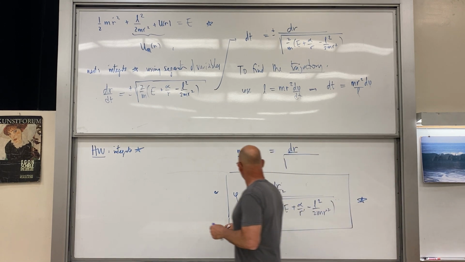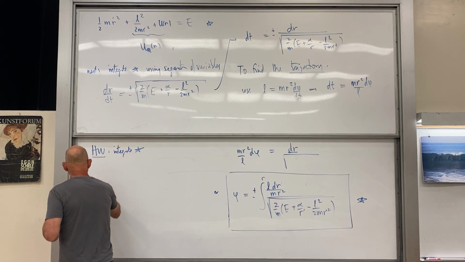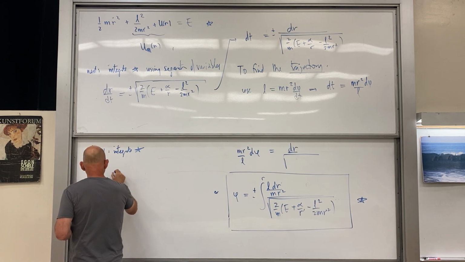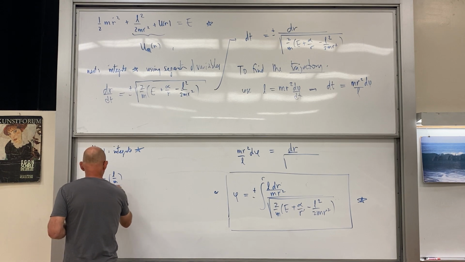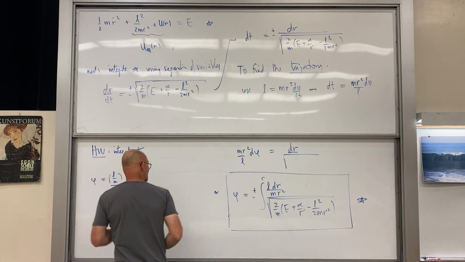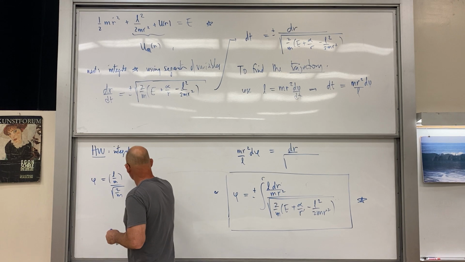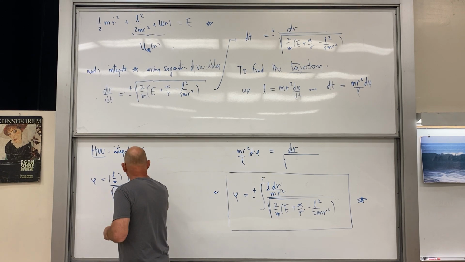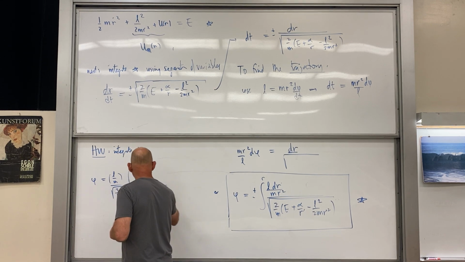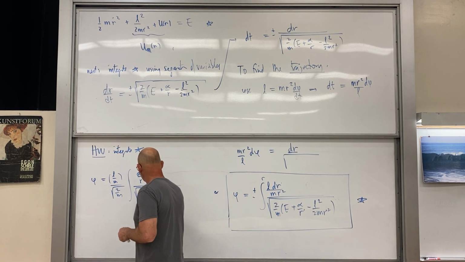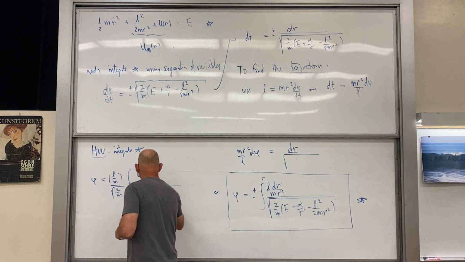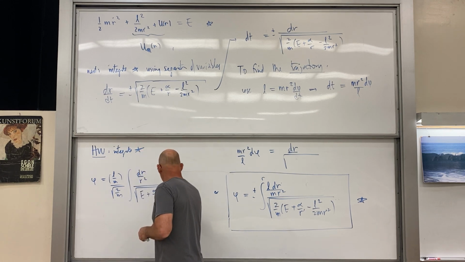So one thing you can do is, you've got that phi, you can just pull out the L over M in the numerator and the root 2 over M. We'll deal with that later. You've got the dr over r squared, and you've got this E plus alpha over R minus L squared over 2mr squared.